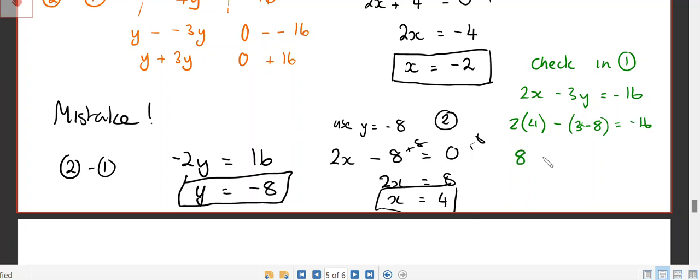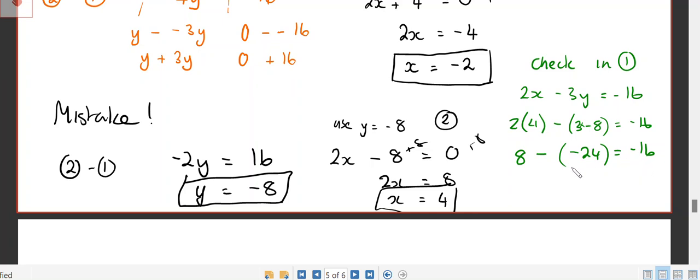So that's 8 minus 24 should equal negative 16. Perfect, I'm correct, because 8 minus 24 is negative 16.